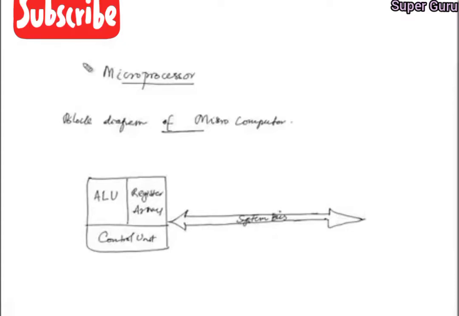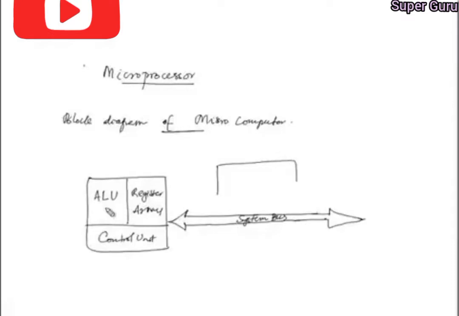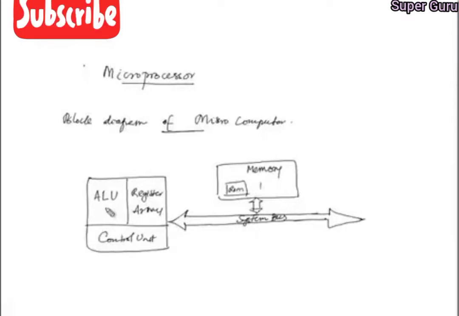The system bus is connected on one side to memory: ROM, then read-write memory.